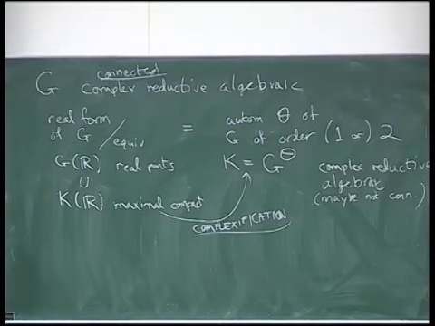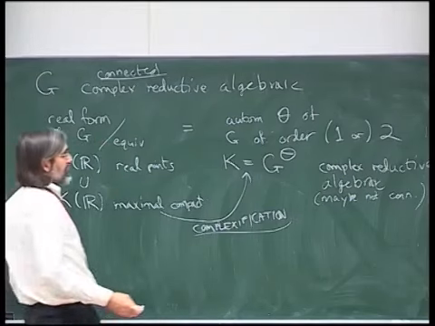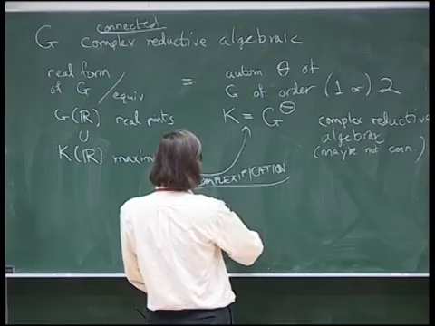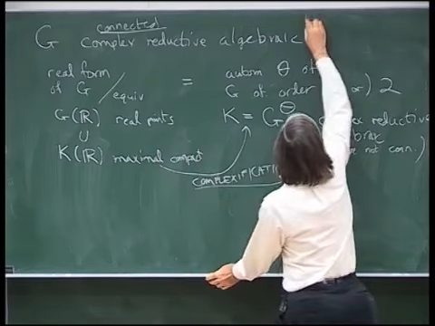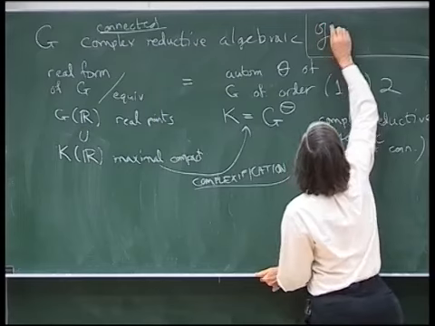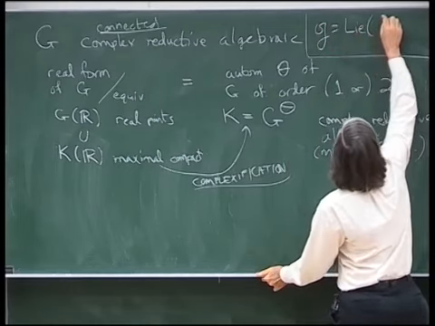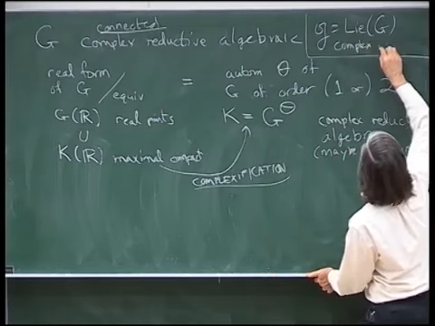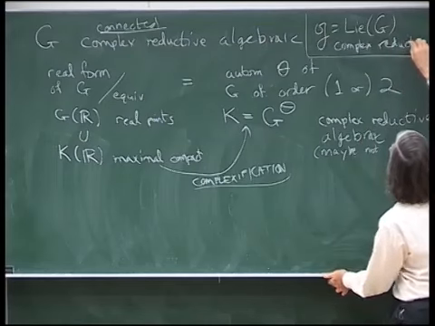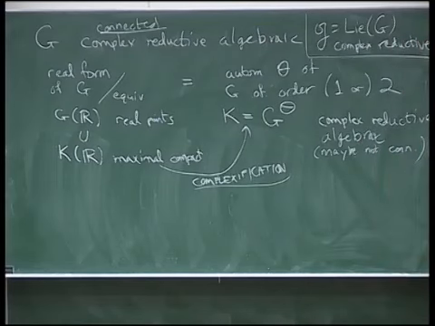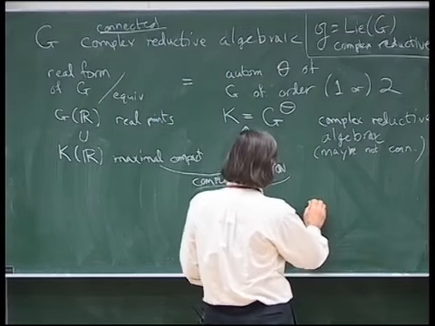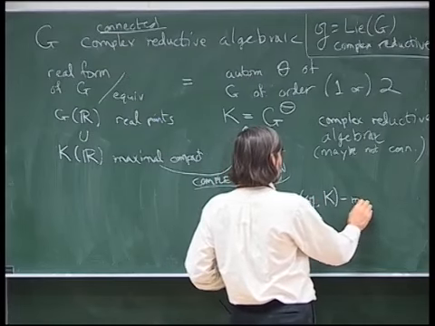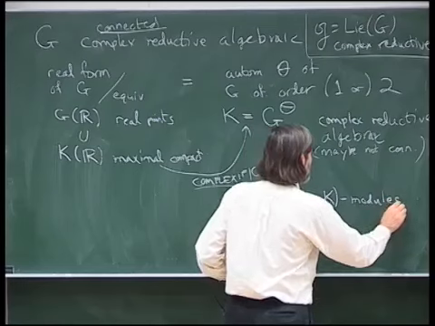And in this setting over here, I've changed notation. So now G is the Lie algebra of G. This is complex reductive. I was using a subscript C before. And now over here, I have GK modules.